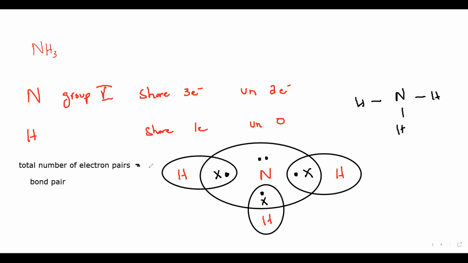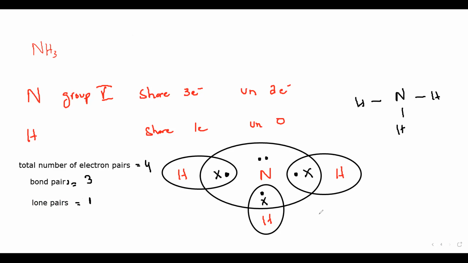Sorry, by mistake I was counting the number of electrons; it's pairs. Then when we check the number of bond pairs, that's 1, 2, and 3. So 3 bond pairs are there. And how many lone pairs are there? The number of lone pairs is equal to 1 only.